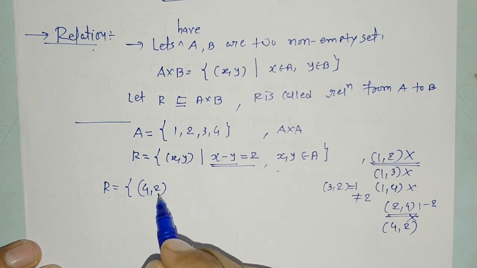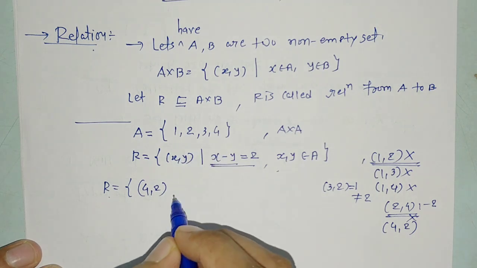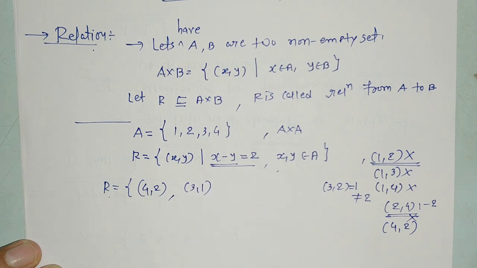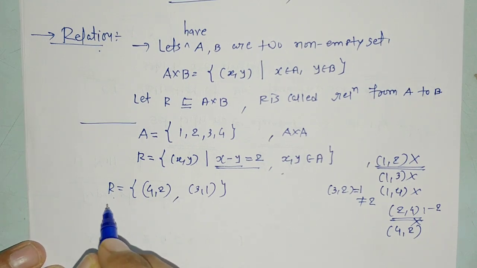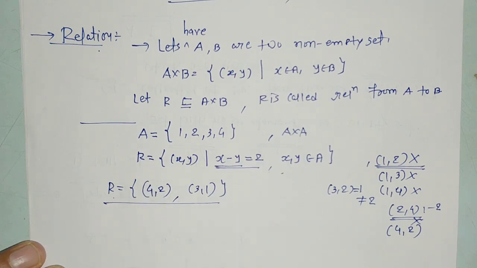This is one pair which satisfies this. If you observe, (3, 1) is also another pair which satisfies this relation. So this R is defined this way: R is {(4, 2), (3, 1)}. So this is a relation from A, defined like this.